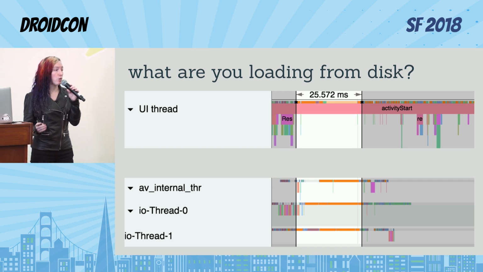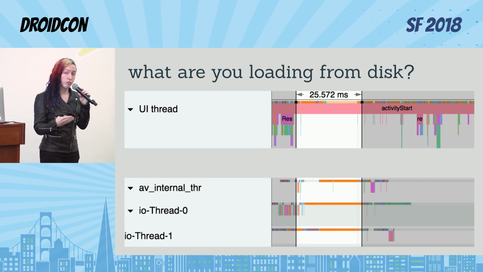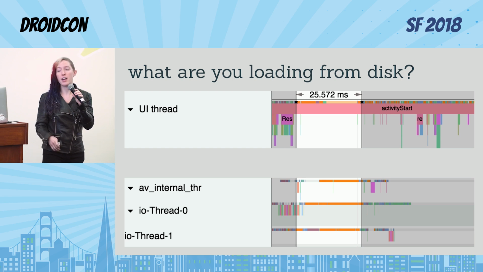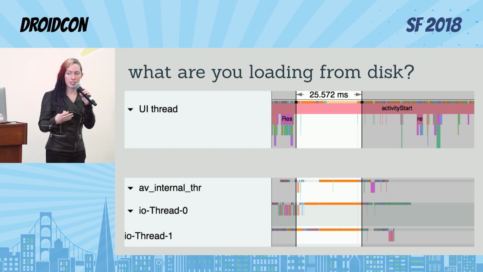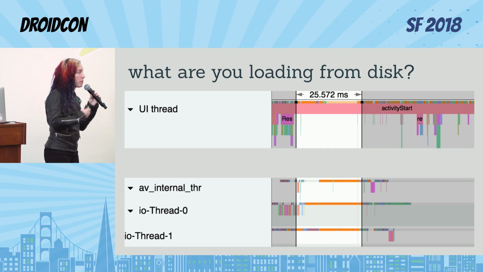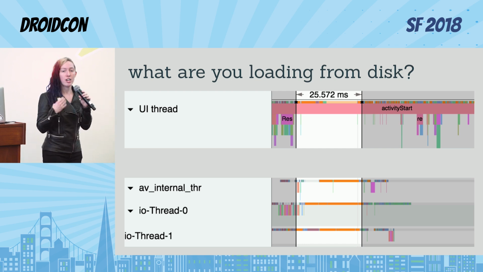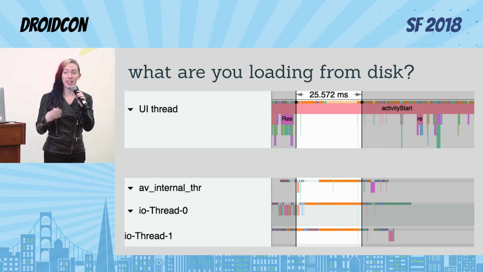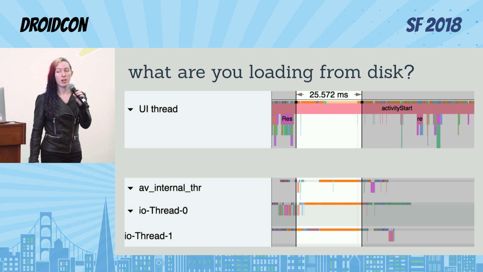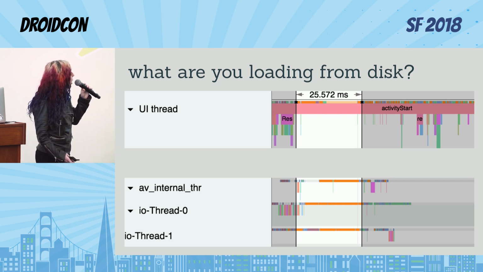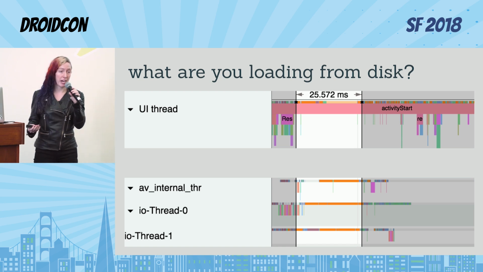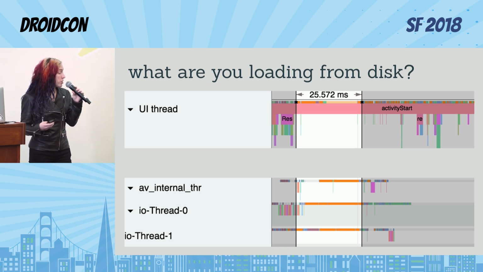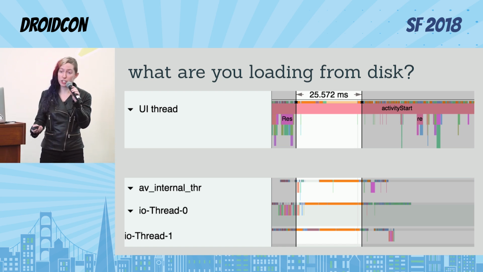Most Android devices only have a single I/O channel for doing these requests to disk. So sometimes the I/O from a background process can occur ahead of the I/O you're trying to prioritize in the foreground process, just because they're competing for time on your one I/O channel. So it's really common to see app developers being proactive about using background threads, especially background view inflation for views that they're not using right away.